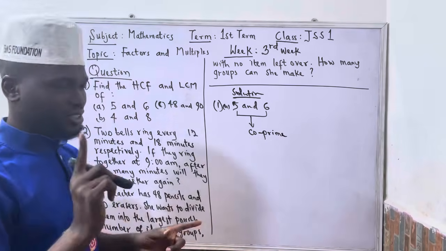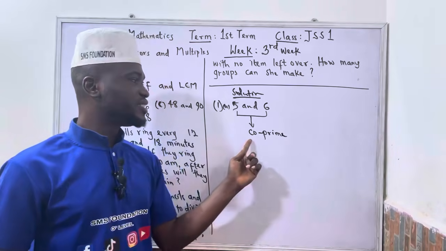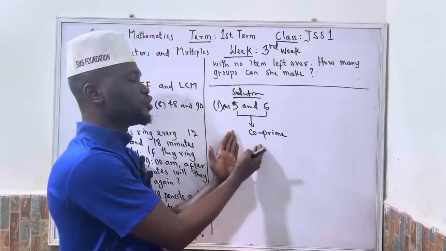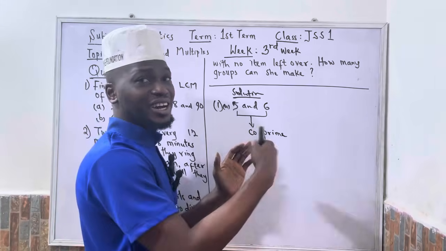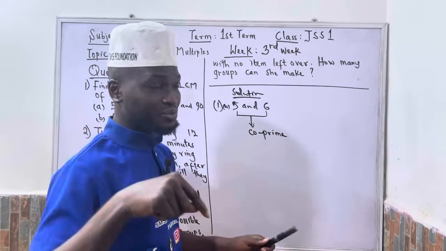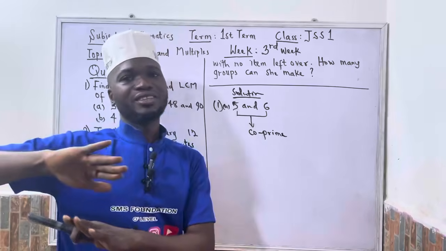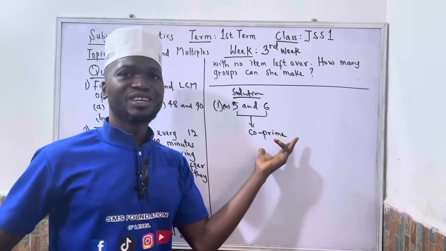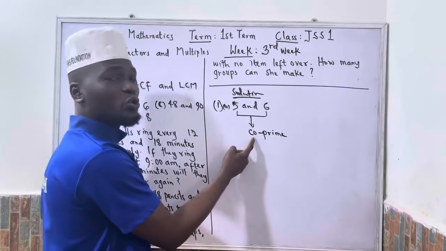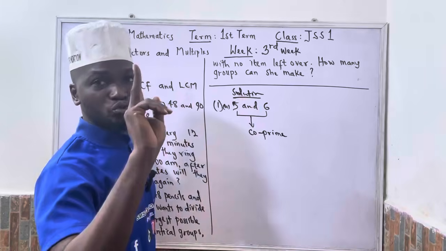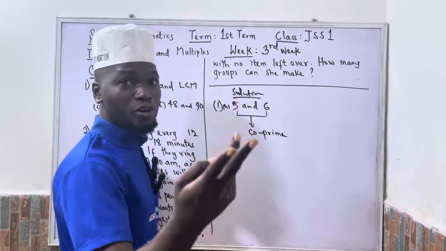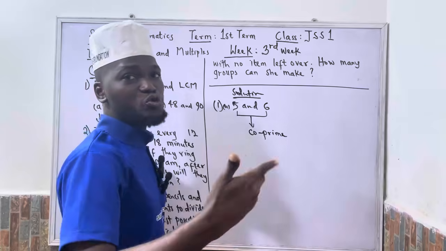Mind you, please, people always get this wrong. They always confuse the concept of co-prime and prime. A prime number is different from when they say two numbers are co-prime. Look at the word co. Co means two. It involves two or more. So co, that is cooperation.